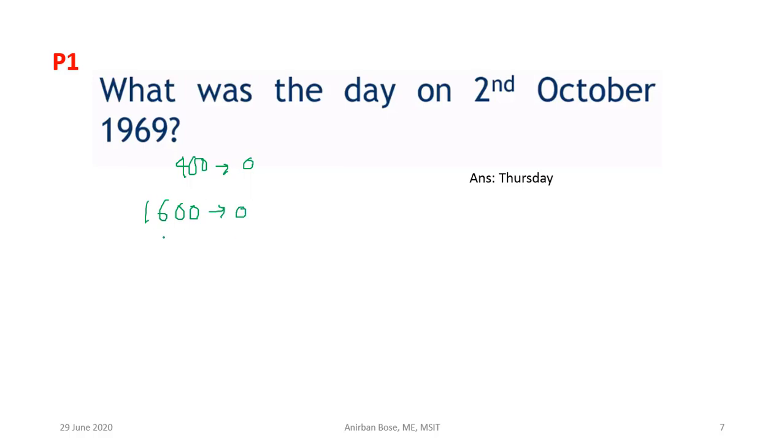Then consider the next 300 years. For each 100 years, there are basically 5 odd days. So 5 into 3, how many odd days? 15. Again divided by 7, what is the remainder? 1. So up to 1900 we are getting 1 odd day.